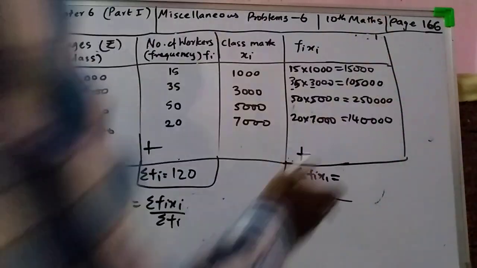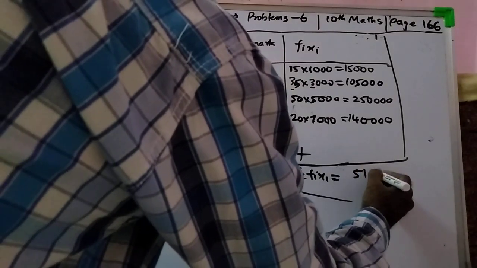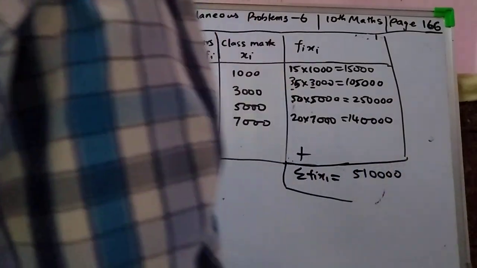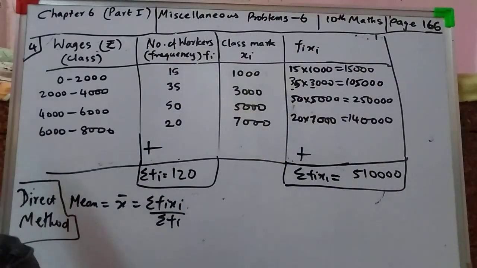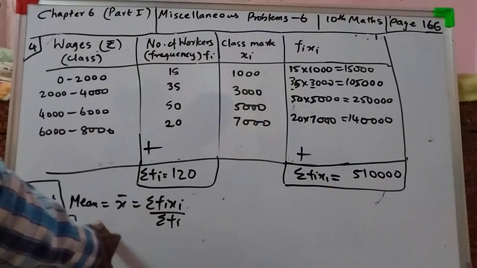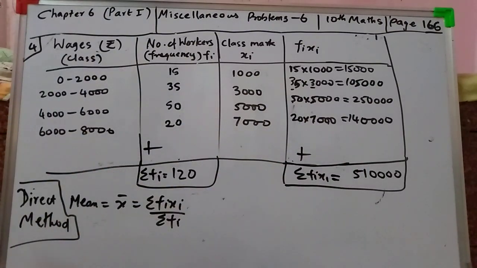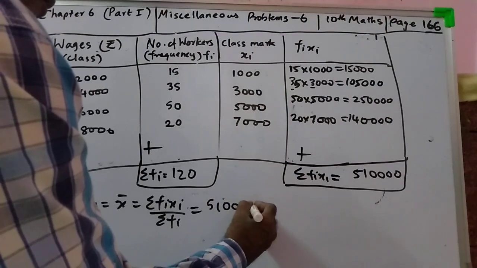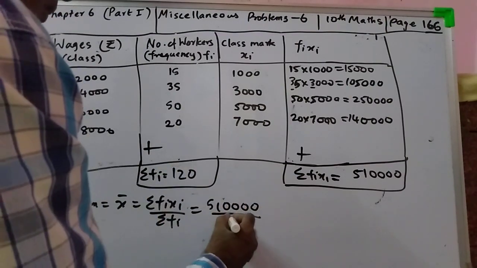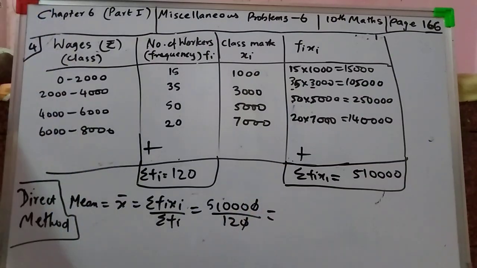After that, you just use the formula for the direct method. 51000 divided by 120. Cut this.